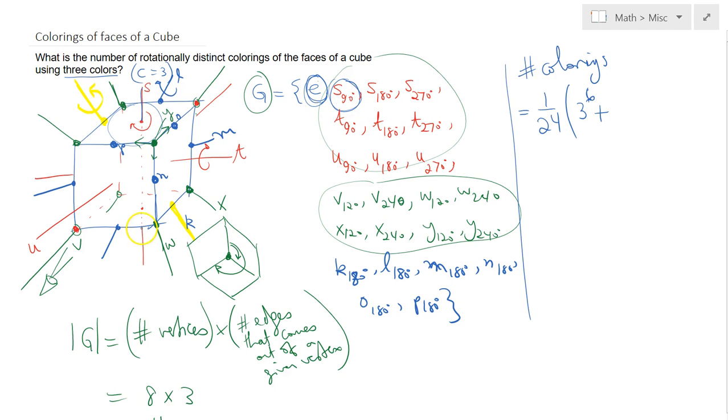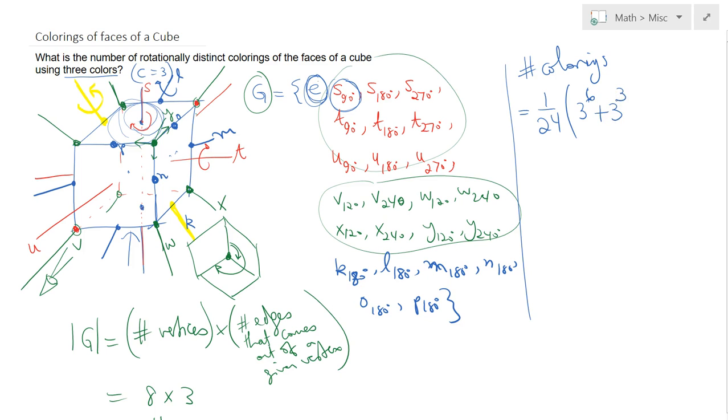So S was here, going through the midpoints of the faces, and when you do a 90-degree rotation, the top face will remain the same. That's the first cycle. The bottom face will remain the same, and all the side faces will switch by 1, so that's the third cycle. So we have in total 3 cycles. Oops, 3 cubed.